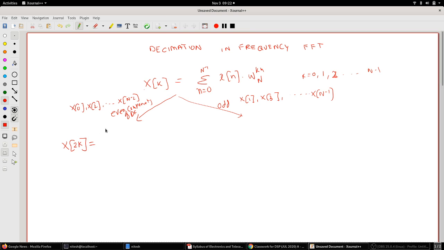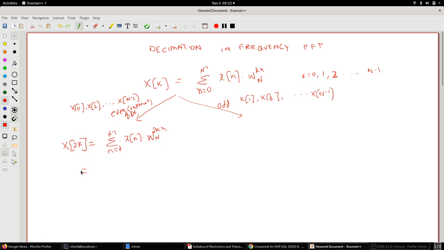X of 2k will be equal to summation n equal to 0 to N minus 1 x of n into W_N^{2kn}. This is what you will get.